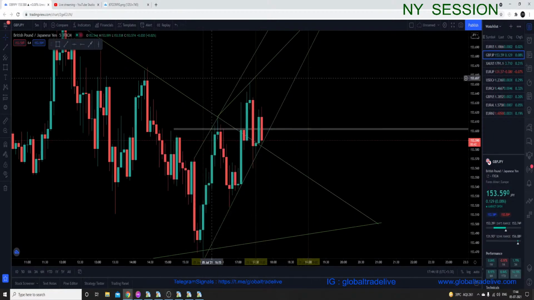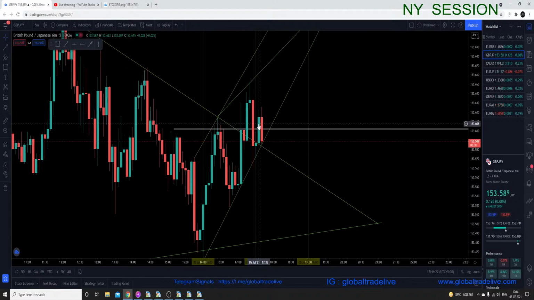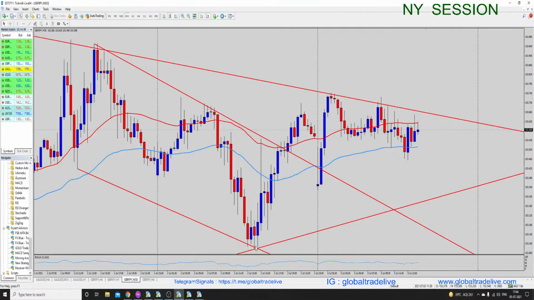Okay, so the previous 5-minute candle just closed outside this zone over here, and the current 5-minute candle is now coming back inside the zone. Still got 30 seconds here. So if the current 5-minute candle just closes back inside this trend line, then the chances of going down will be increasing, because as we know this 30-minute candle is rejecting this area, which means that this can be a liquidity grab also.